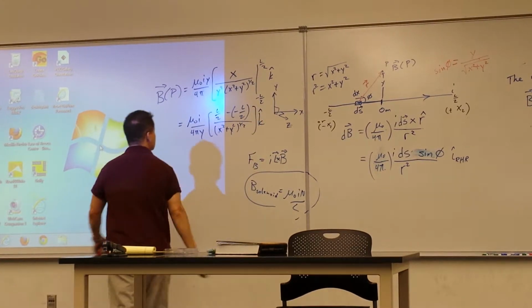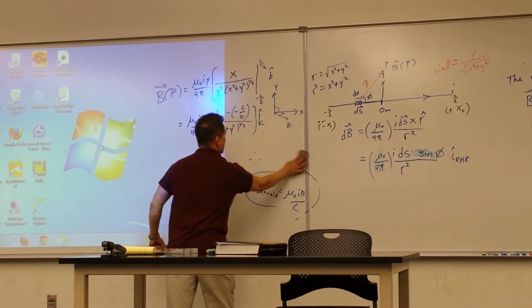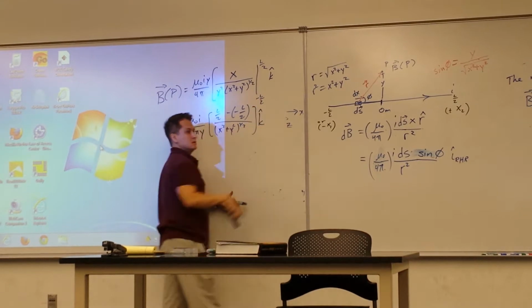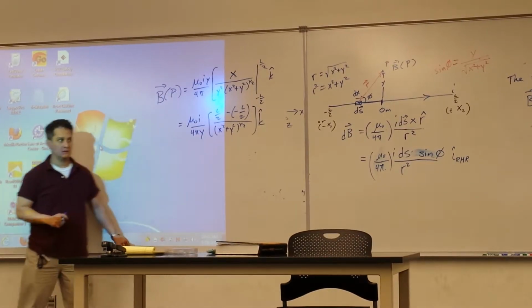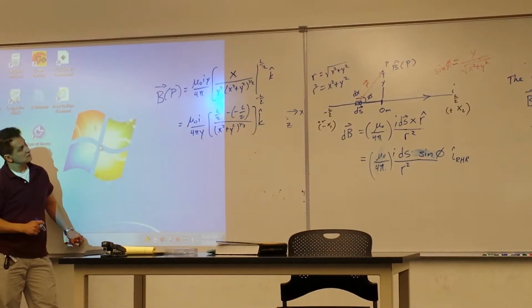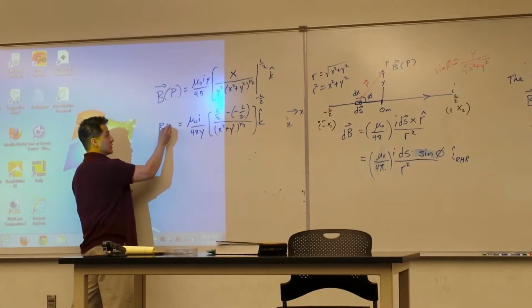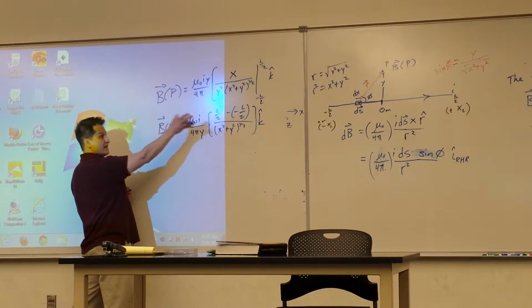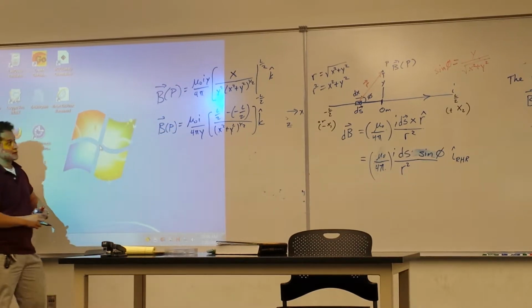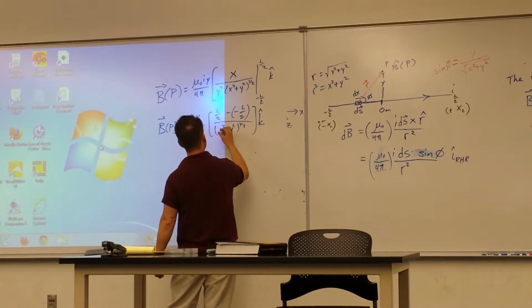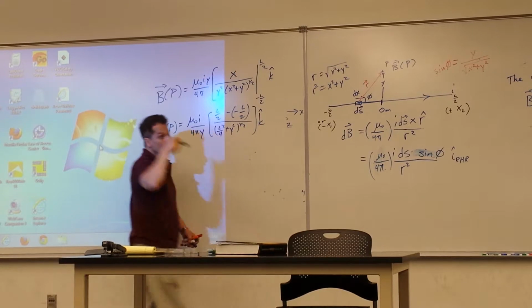Having symmetric limits of integration is nice. We're calculating the total magnetic field, this would be the B vector. The magnitude would be the same without direction. And this x squared becomes L squared over 2 squared.